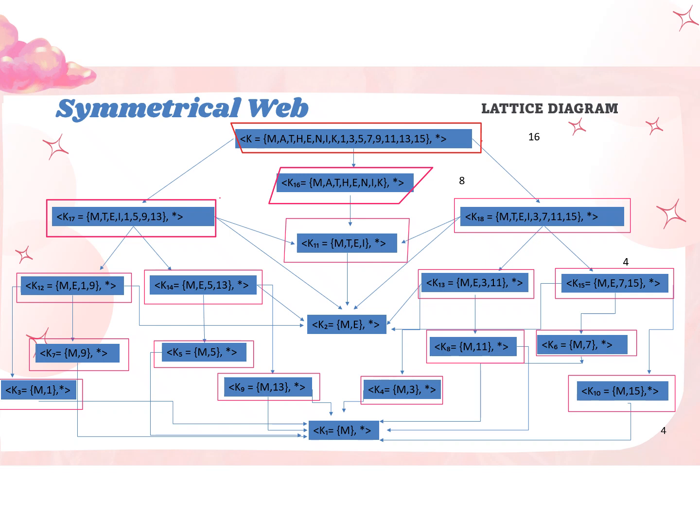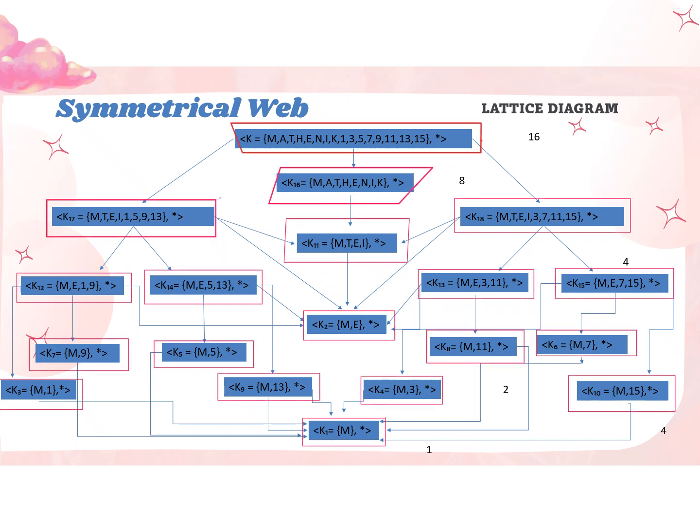And also last, we have K sub 2 containing the elements M, E under the binary operation. Therefore, we have 1, 2, 3, 4, 5, 6, 7, 8, 9, so 9 subgroups containing 2 elements, and last we have K sub 1 containing 1 element.